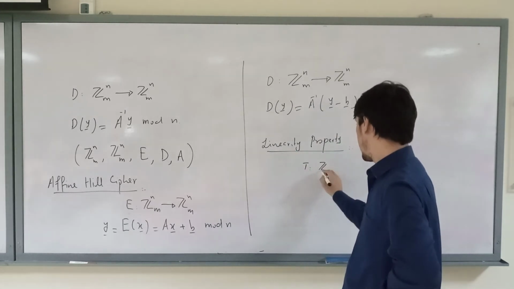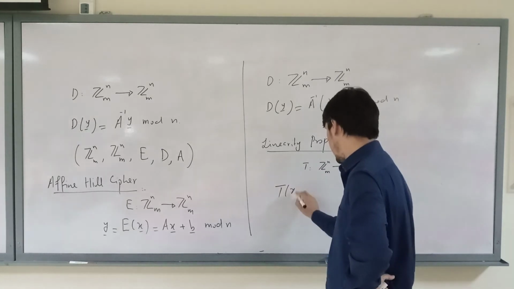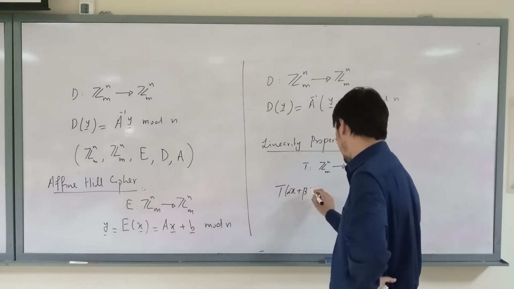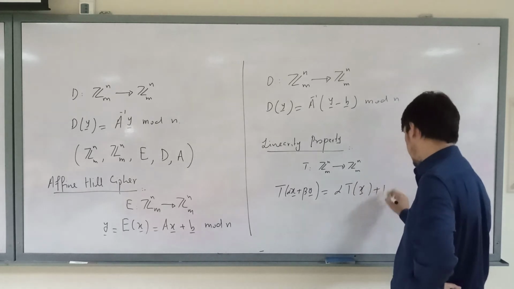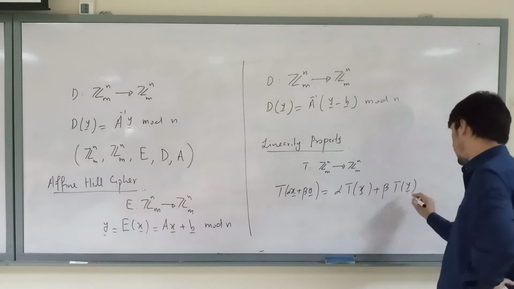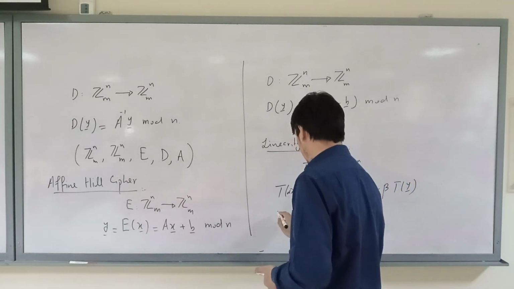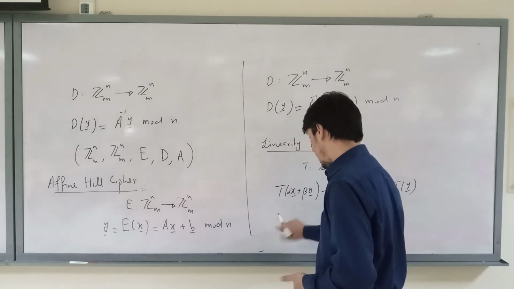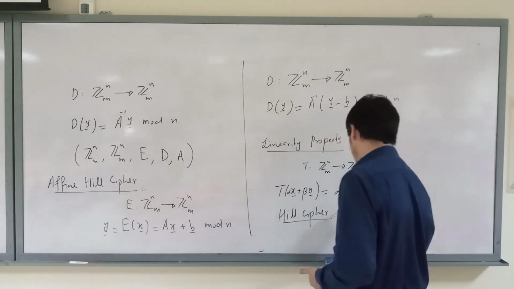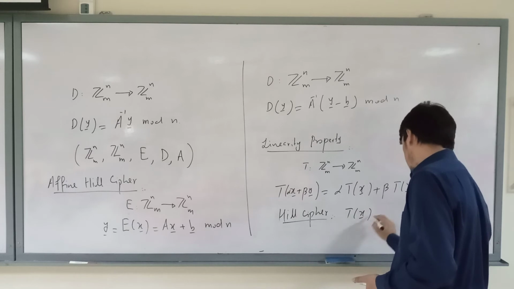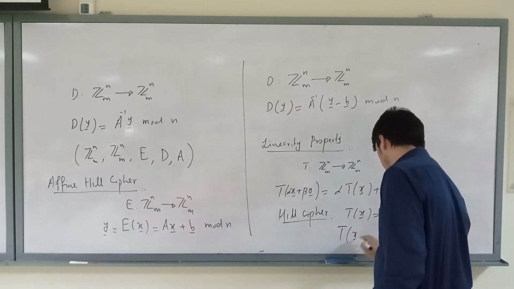If T is a transformation from ZMN to ZMN, then it will be linear if it satisfies this property: T of alpha times X plus beta times Y equals alpha times T of X plus beta times T of Y. In the case of the Hill cipher, T is A into X, so T of X is AX.